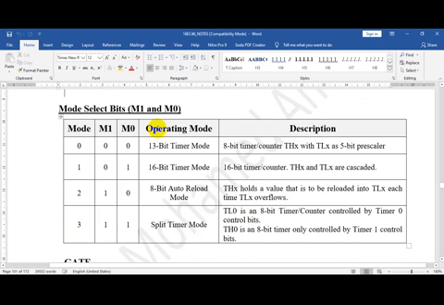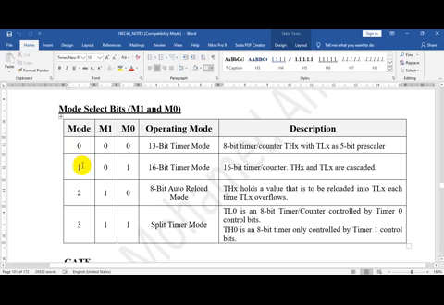The 8051 timer can be operated in 4 modes, named mode 0, mode 1, mode 2 and mode 3. To configure these 4 modes, 2 bits are given for both timer 0 and timer 1.